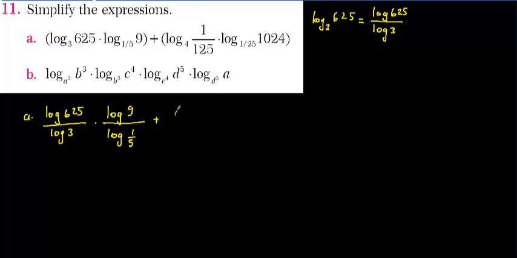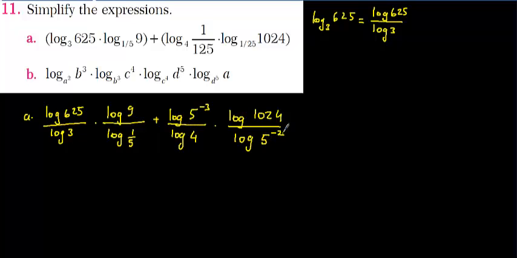And here logarithm base 1 over 25, I'm going to write 5 to the power of minus 3 over logarithm base 10 of 4, times logarithm base 10 of 1024 over logarithm base 10 of 5 to the power of minus 2, okay.